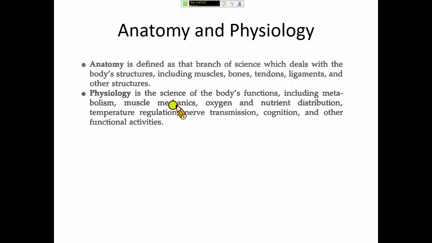Muscle mechanics, we'll cover part of this. Oxygen, okay, we'll cover part of this. But the nutrient distribution, temperature regulation, nerve transmission, well, we will probably not have time to cover all this, okay? But we'll try to cover how the muscle works, how the metabolic system works, because these two are related to human work.